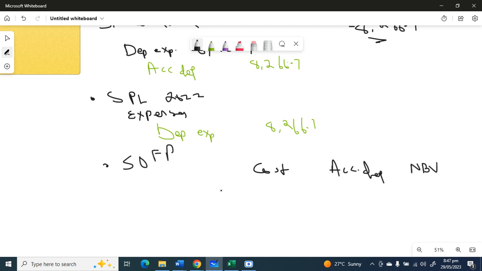All right. So this machine, say this is a motor vehicle or the car, whichever you prefer. Cost 62,000. Accumulated depreciation 8,266.7.